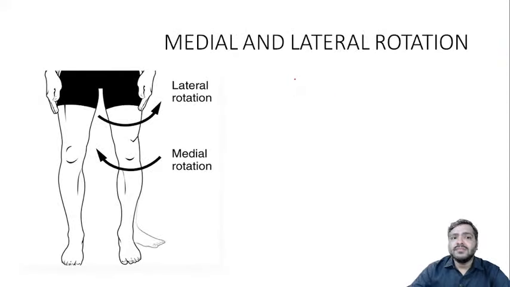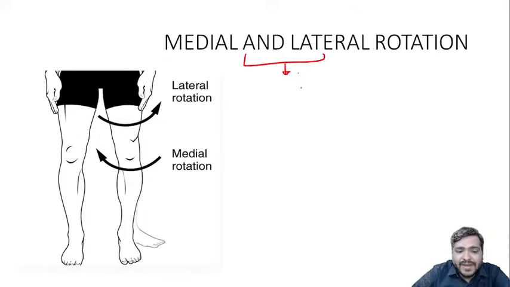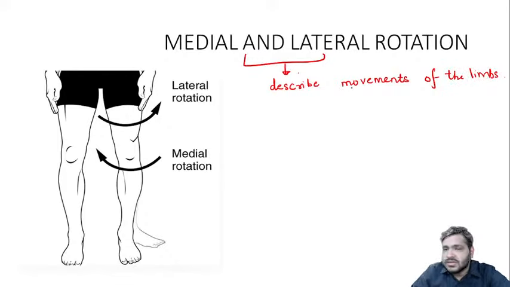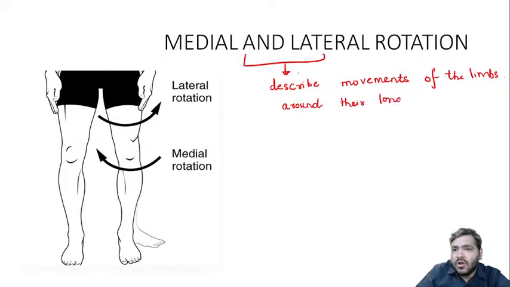Coming on to the next term, that is the medial and the lateral rotation. Remember, these two things are basically describing the movement of the limbs around their long axis.